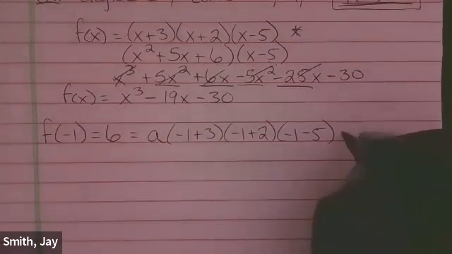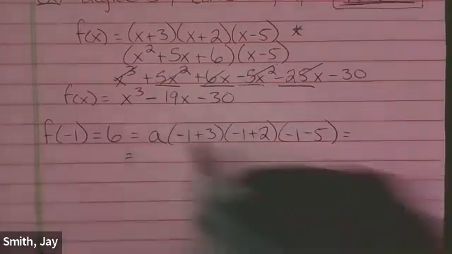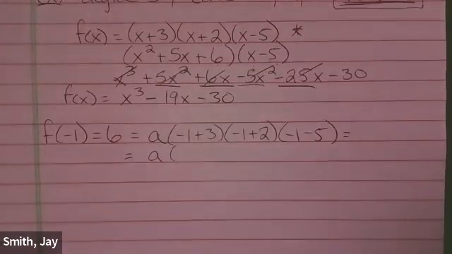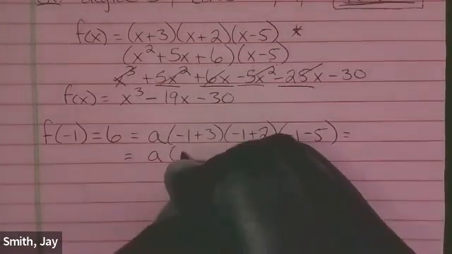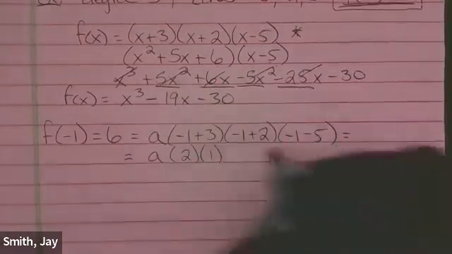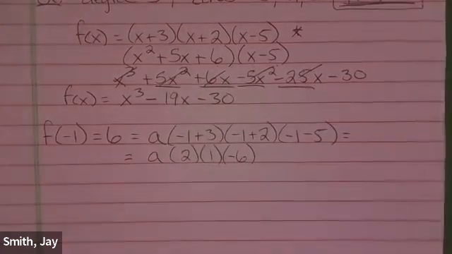All right, so that's actually going to give us enough information to figure out what values are multiplying by a. So this is going to be a times negative 1 plus 3 will give me a positive 2. Negative 1 plus 2 will give me a positive 1. And negative 1 minus 5 will give me a negative 6.